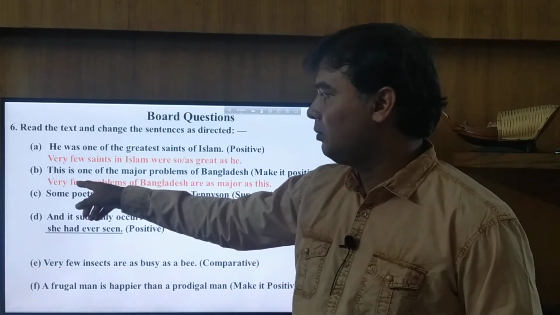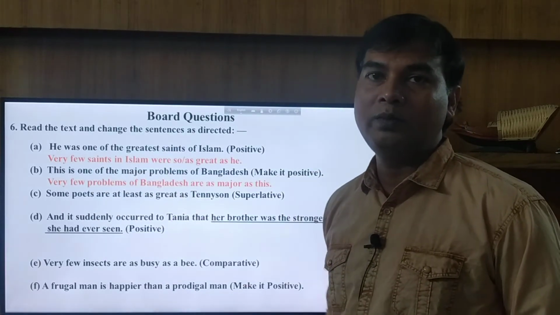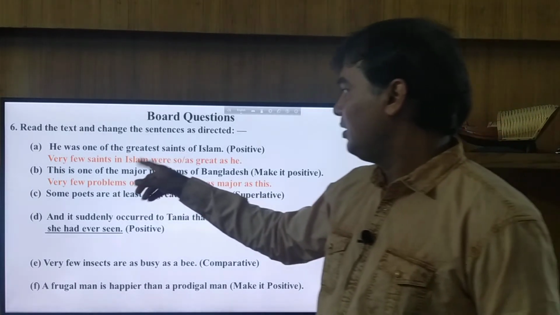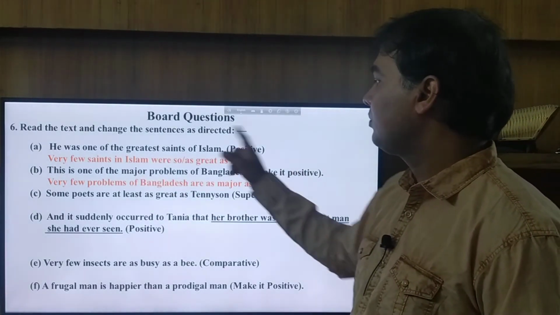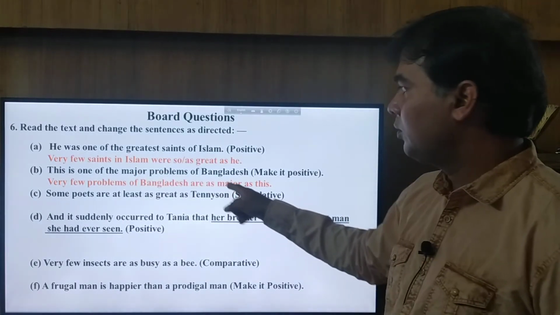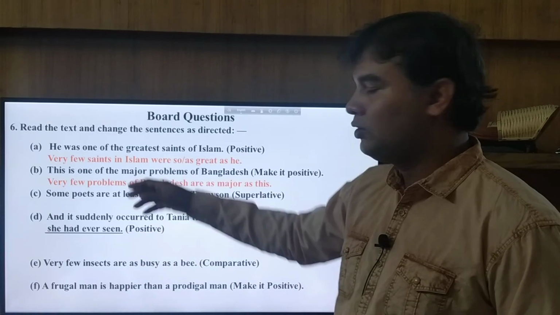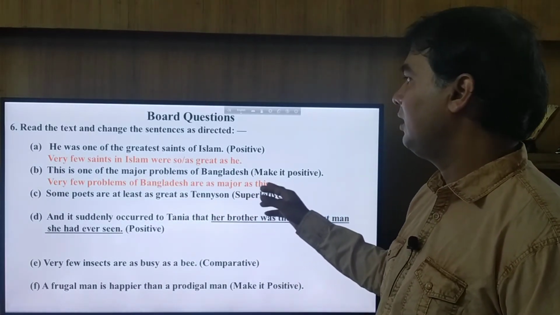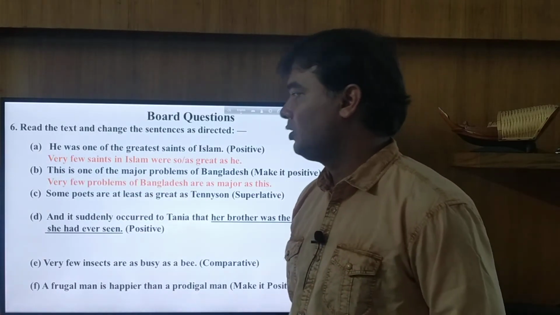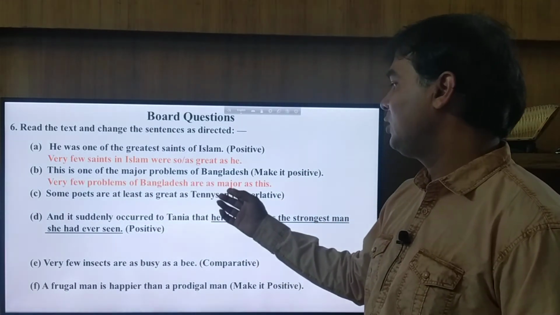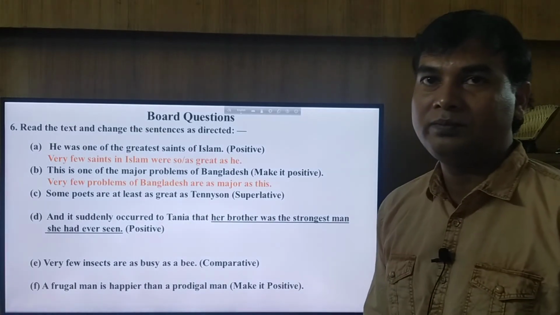Since you start with very few, the verb should be in plural form, are, then as, and then use the positive form of the adjective major. The positive form of the adjective major is also major, so we can write major, then as, and then the subject these. So the answer is, very few problems of Bangladesh are as major as these.